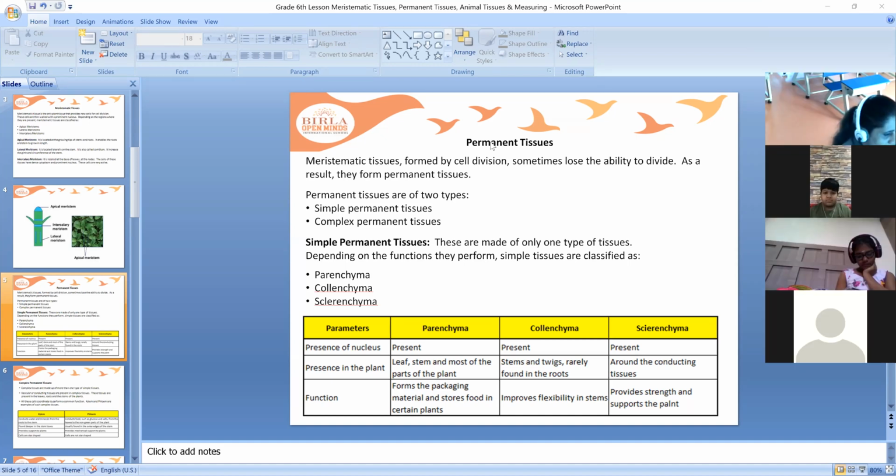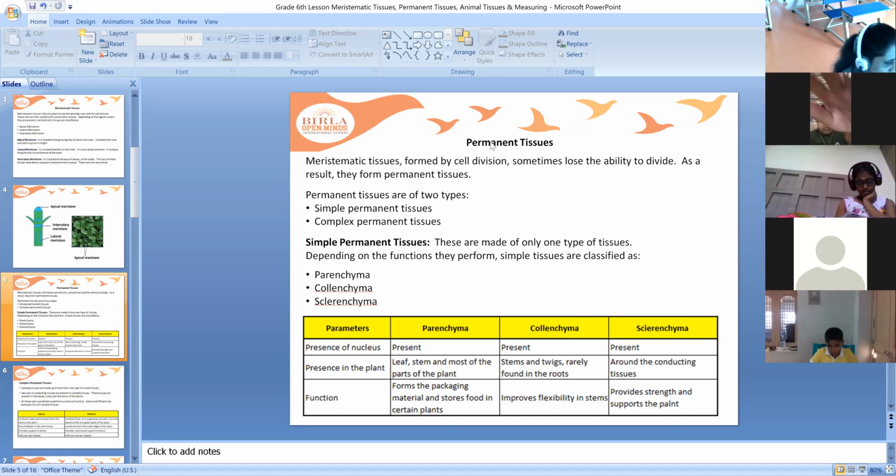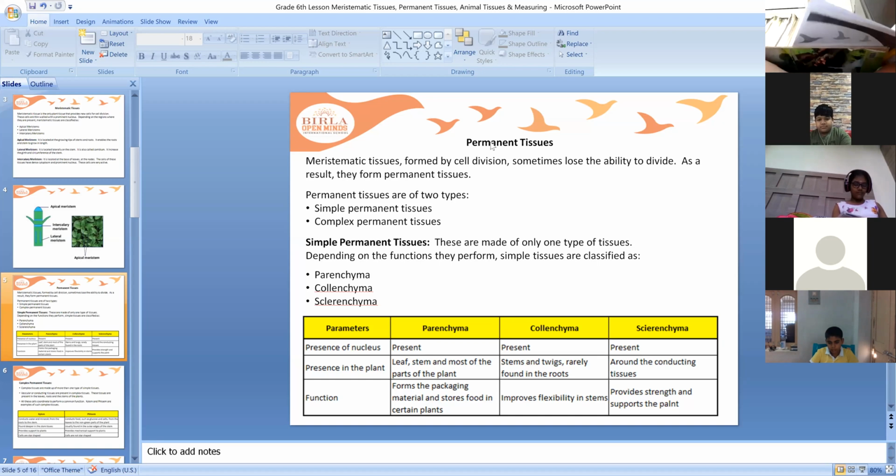In the parenchyma, there is the presence of a nucleus. Collenchyma also has a nucleus. Sclerenchyma too, so each and every cell has a nucleus present inside it. Parenchyma is seen in plants.